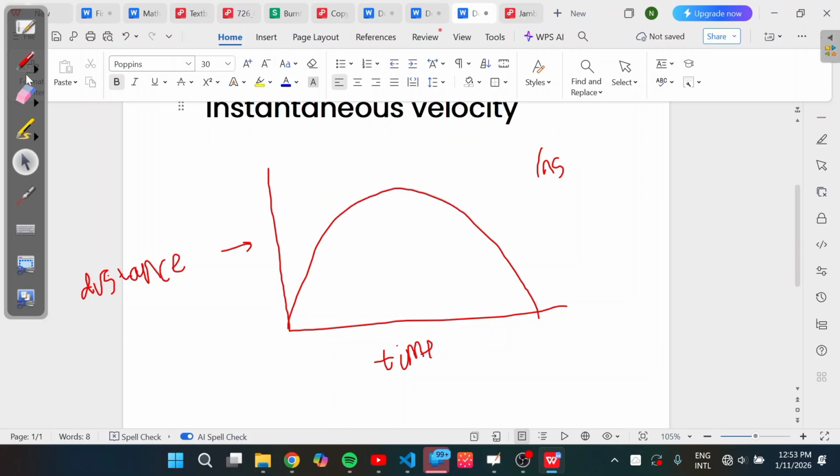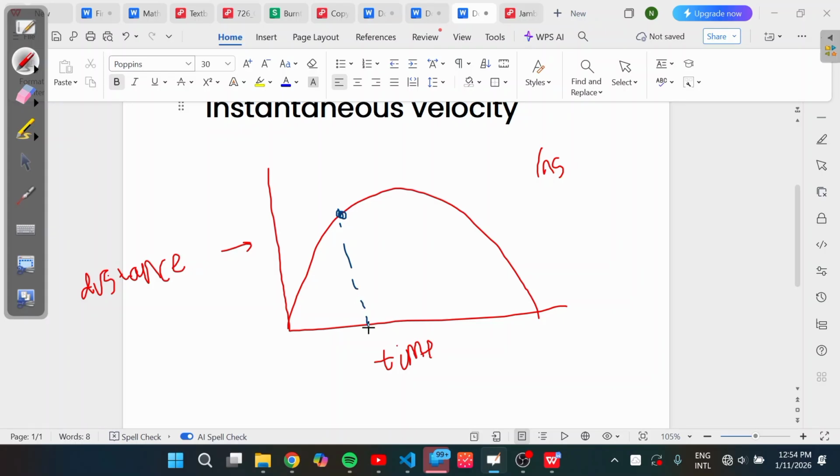So the velocity at a point, let's say, at this point here. And just as a side note, we are still going to treat instantaneous velocity in another video. Fairly simple.